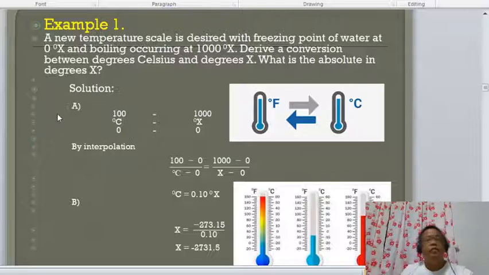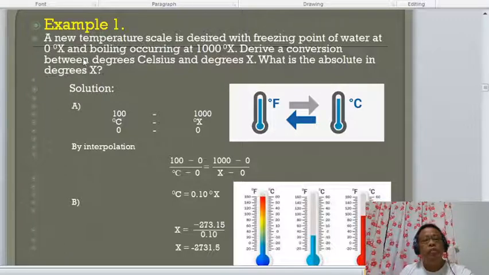Solution, of course, by interpolation again. So, the same as the procedure and the derivation of the relation between the Celsius scale and the Fahrenheit scale. So, in the Celsius scale, water boils at 100 and freezing is at 0. Okay?